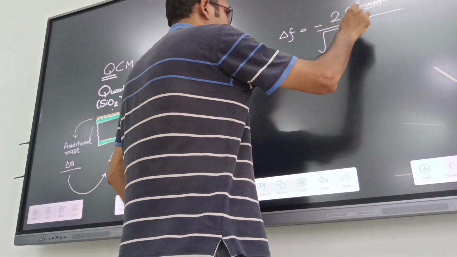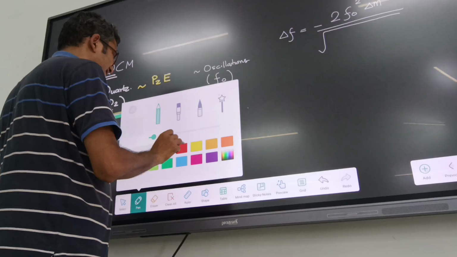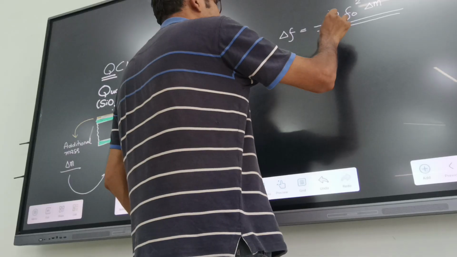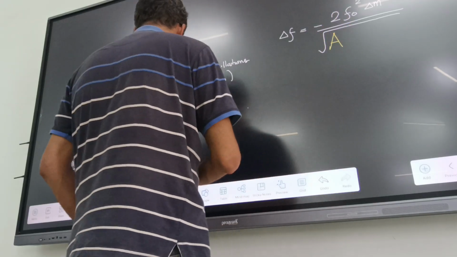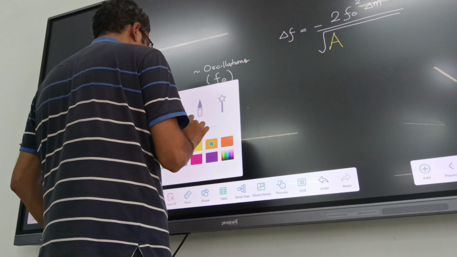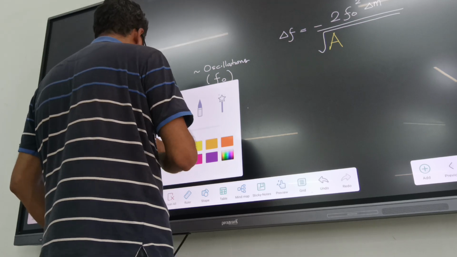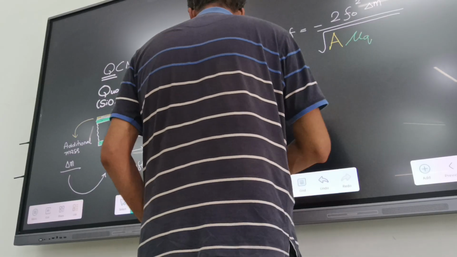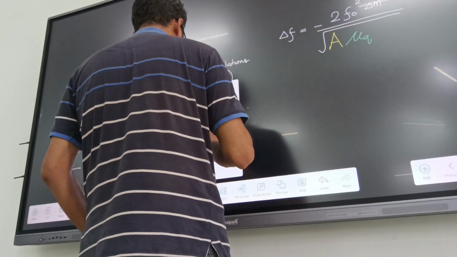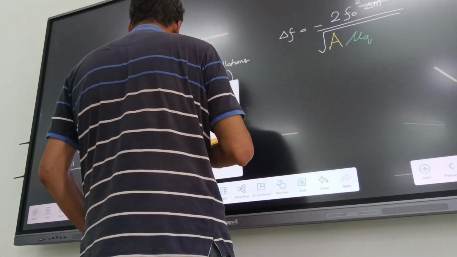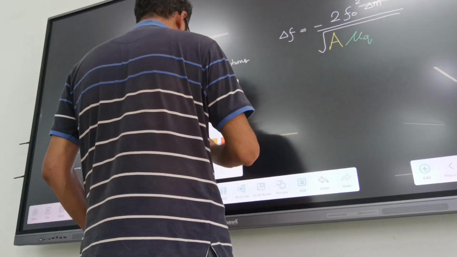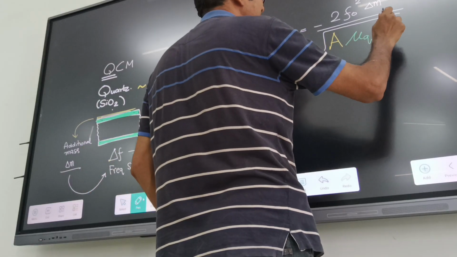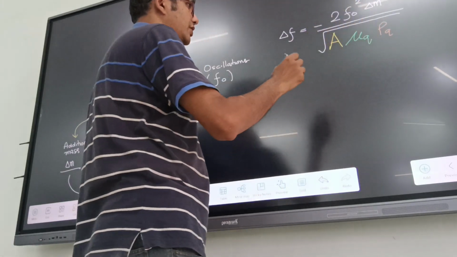क्या क्या dimensions become equal? First of all is your area. This is actually properties of the machine. Then you will have Q, which stands for quartz.